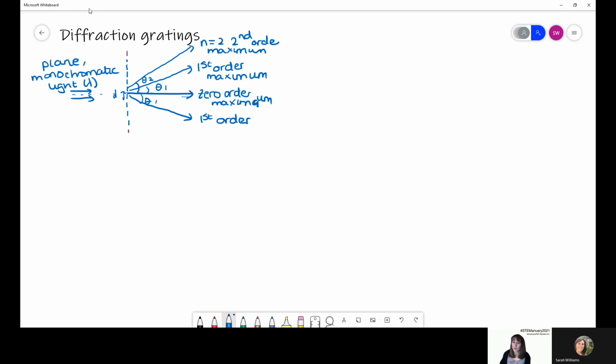So in order to calculate the points or the angles at which these maxima are detected, there's an equation that you need to remember, and that is that d sine theta is equal to n lambda. So d is the spacing.